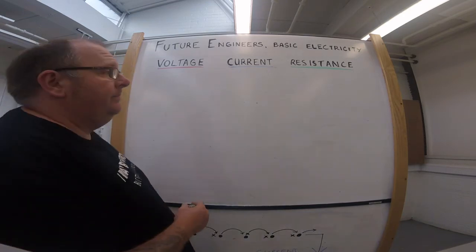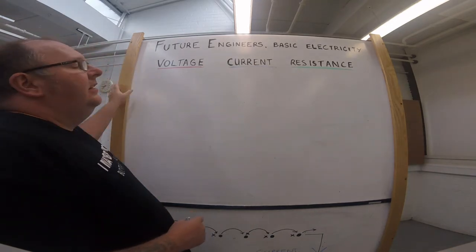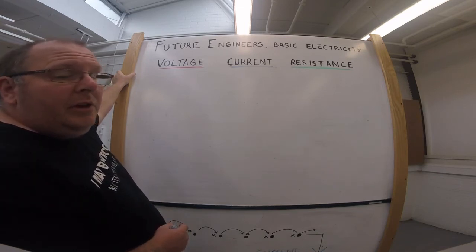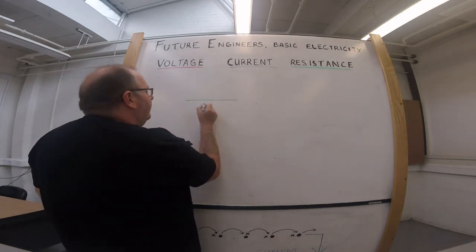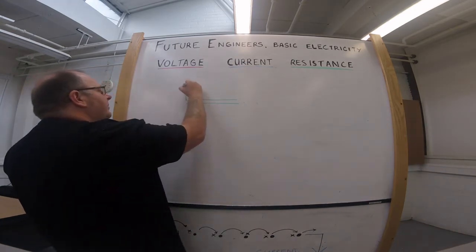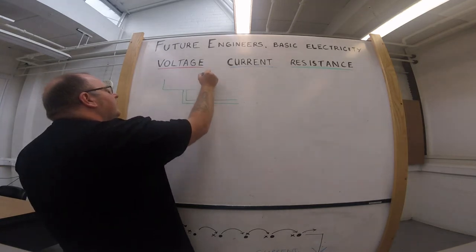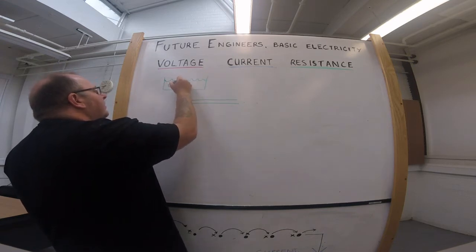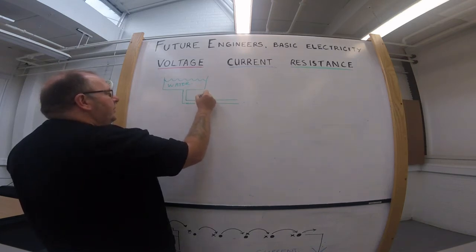So, resistance. How does that work? Let's think of the size of pipe work, like in the plumbing in your house. If I have a really thin pipe and I attach it to a tank of water, and we'll say there's a valve in there that we can use.